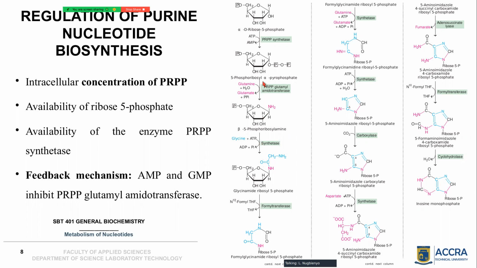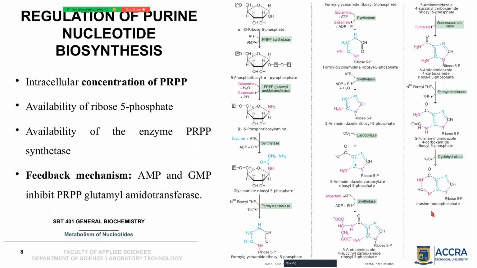But once you are having more of this adenosine monophosphate and guanosine monophosphate in the system, then it goes to inhibit the enzyme to say, hey, we are getting too many in the system. So stop, relax. And so you see that the whole process of the synthesis of inosine monophosphate, which will go into the synthesis of the purine nucleotides, will be inhibited.